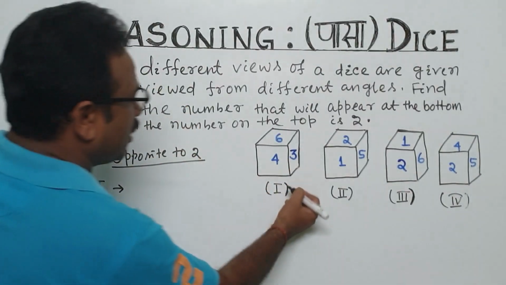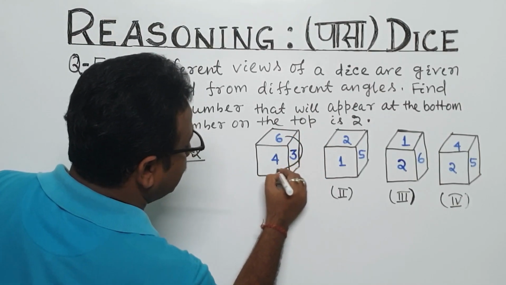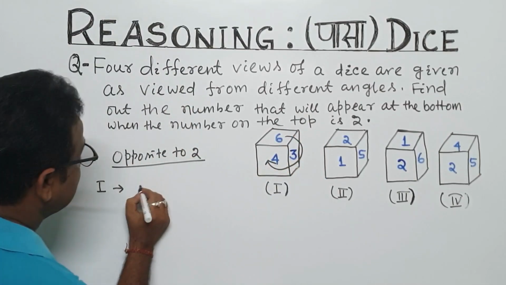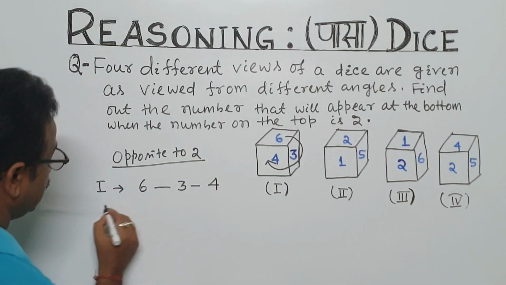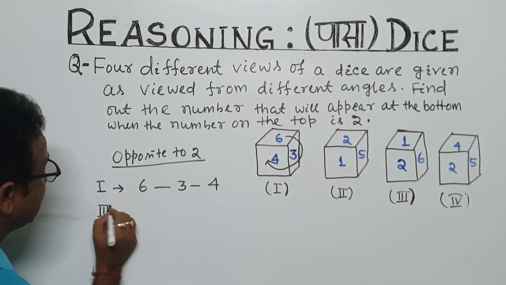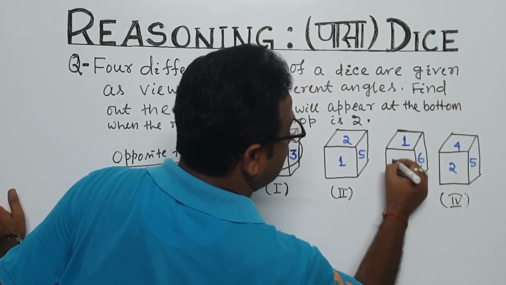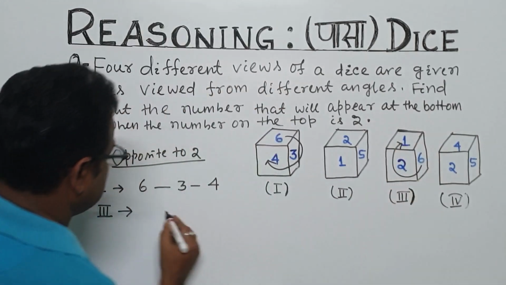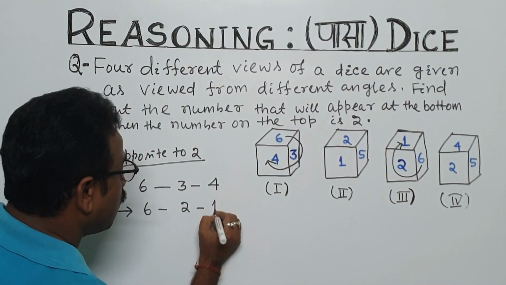So now in figure 1, 6 is common. So I will get 6, 3, 4. Now in figure 3, 6 is common. So here I will get 6, 2, 1.